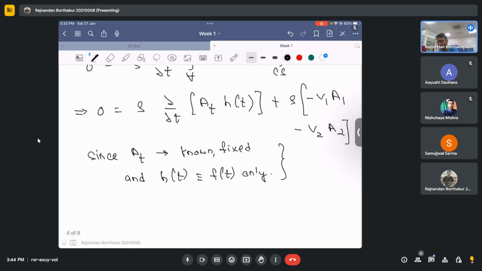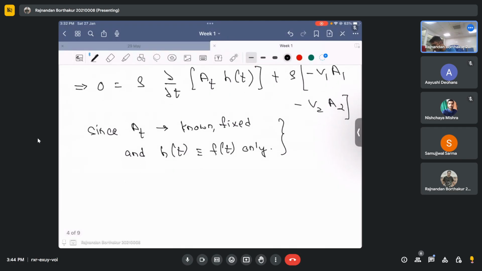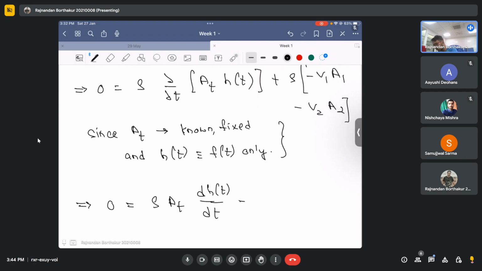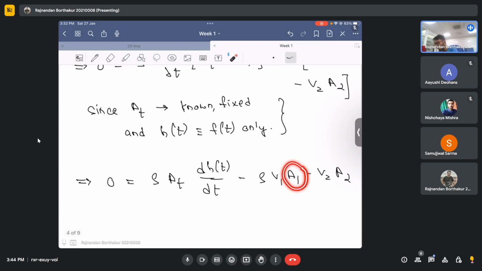So I can write this term as rho At times dh, which is now just a function of time, by dt. And the other side would just simplify to rho times v1 a1 minus v2 a2, where this a1 and a2 are known, as well as v1 and v2. There has to be a rho here.